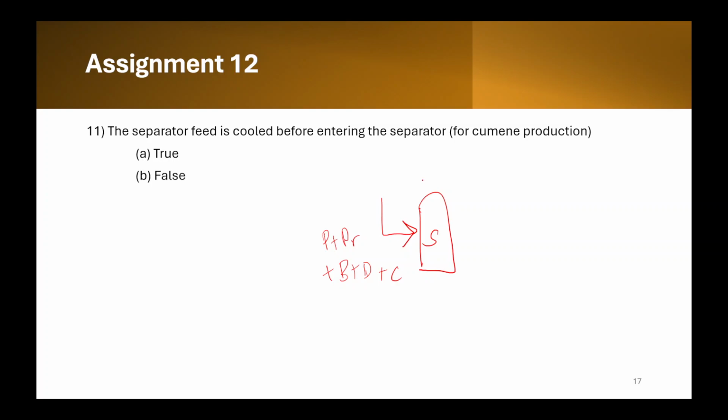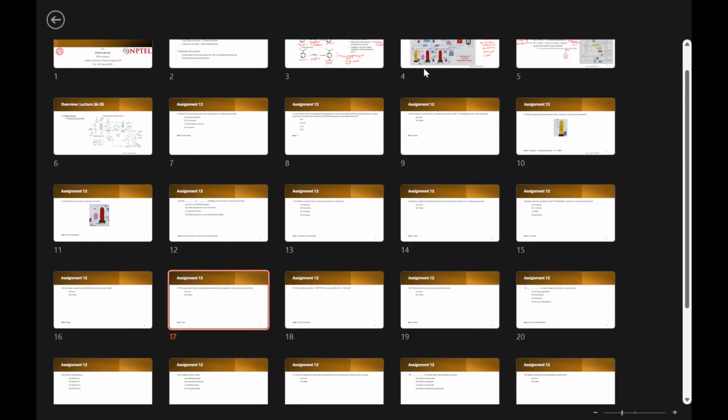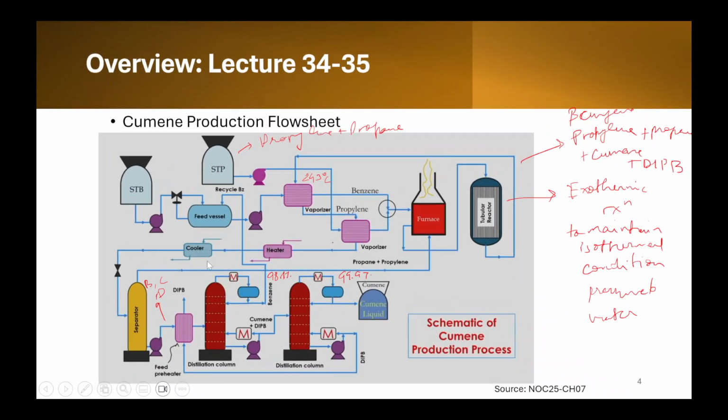So it is basically cooled before going to this separator, or the flash separator as mentioned in the lecture. So it is cooled. So this is a true statement. We can confirm it from the flow sheet itself. You see here, there's a cooler involved. So yeah, it cools the reactor effluent before going to the separator.